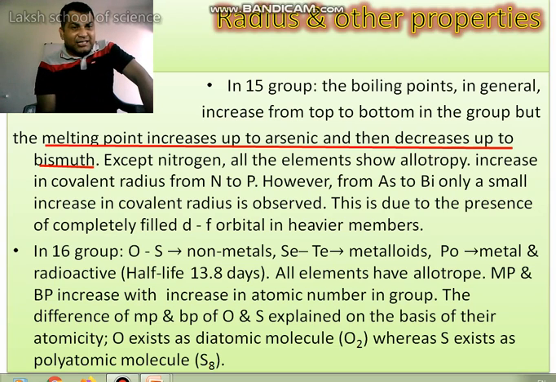Because in between we have d and f orbitals, and in the d block and f block we are going to study what is happening and why these d and f orbitals make a difference every time. For that purpose you first need to follow the periodic table, and after that you will be able to understand this.